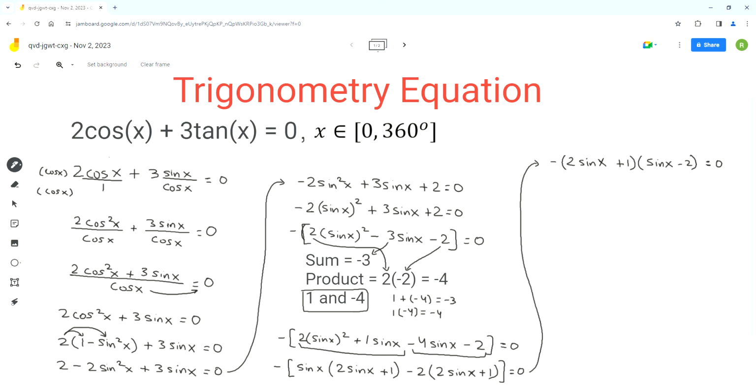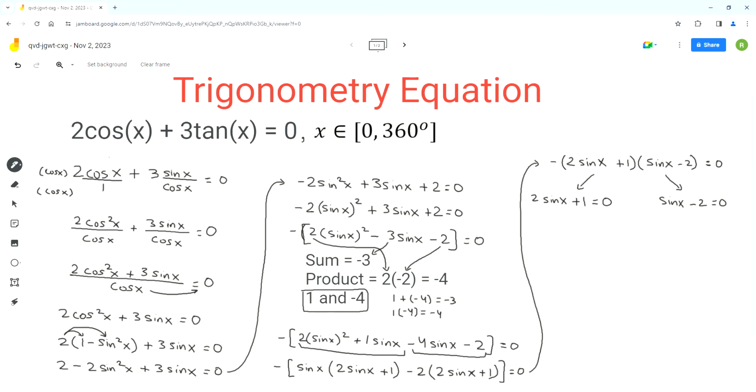So this is the fully factored form of this quadratic equation we got for sin x. Now to solve this equation, we have to set each factor equal to 0 and solve for x. So the first factor is 2 sin x plus 1 equals 0. And the second factor will be sin x minus 2 equals 0.